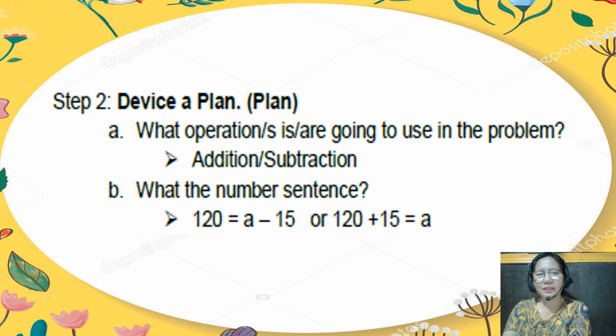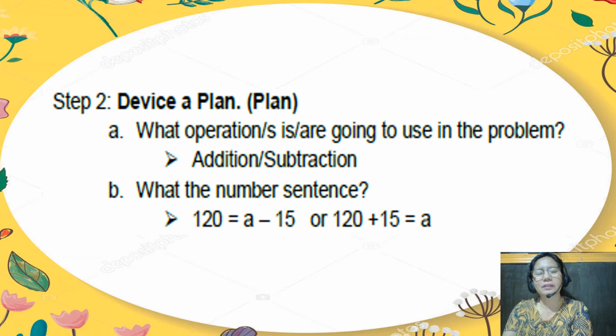Step 2, devise a plan. Here we can find the operations and the number sentence. What operations are we going to use in the problem? To solve the problem, we can use addition.